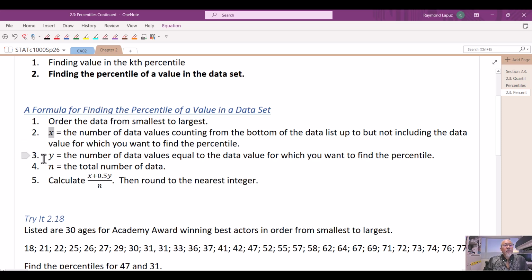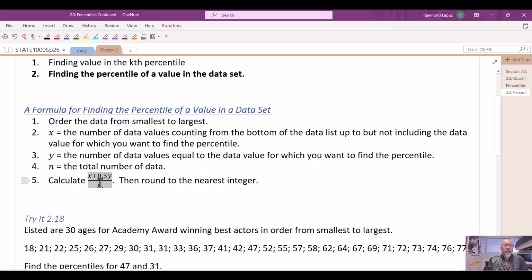So this is x. Now, if your value repeats, we have to account for that as well. So y is the number of data values equal to the data value that you're looking for. So if your data value is 7 and it happens like 3 times, then that's going to be the value for y. And n is the same, the total number of data in your data set, and you do this calculation.